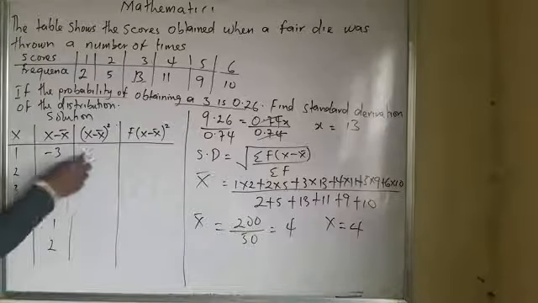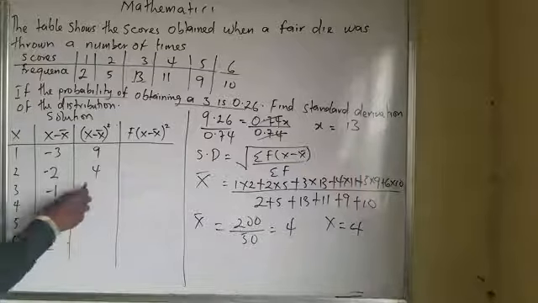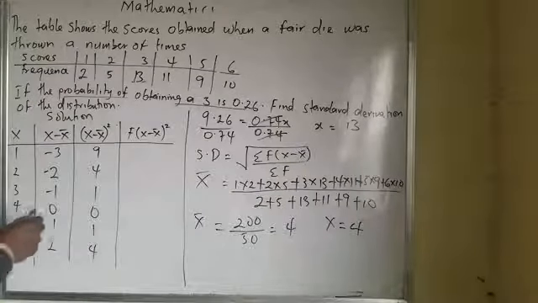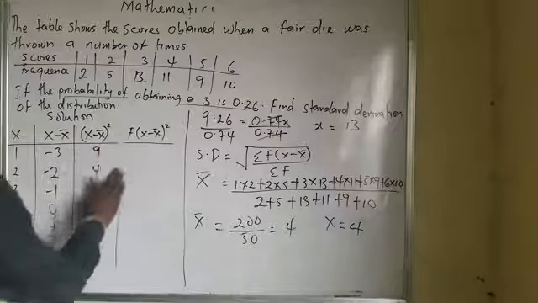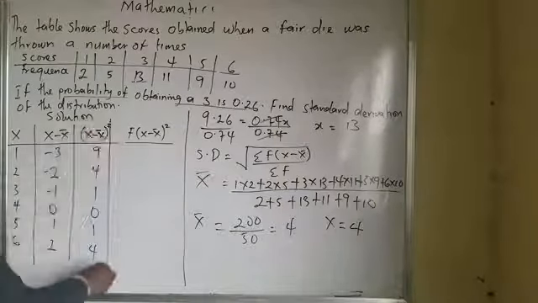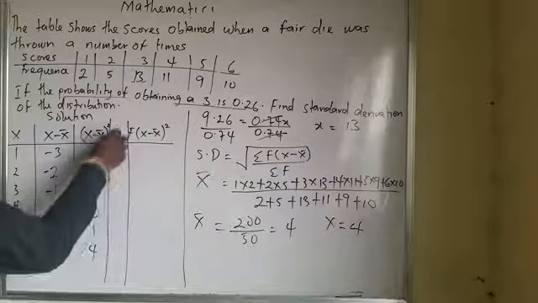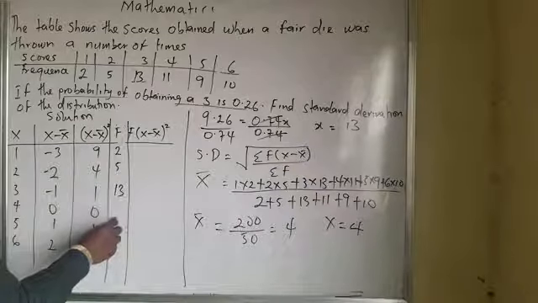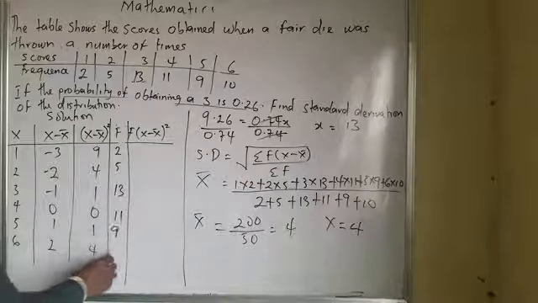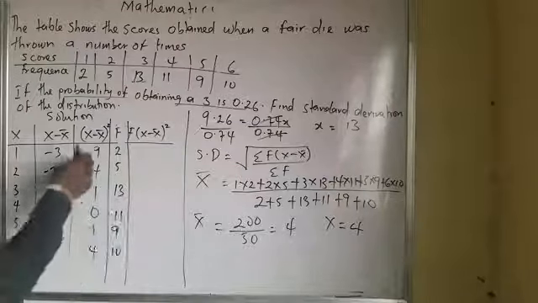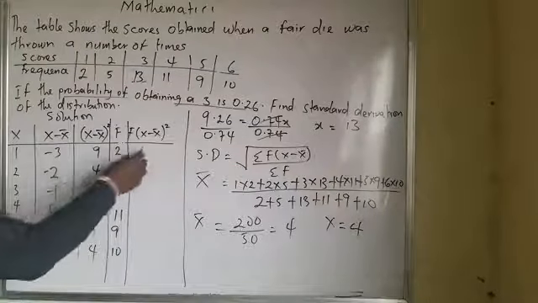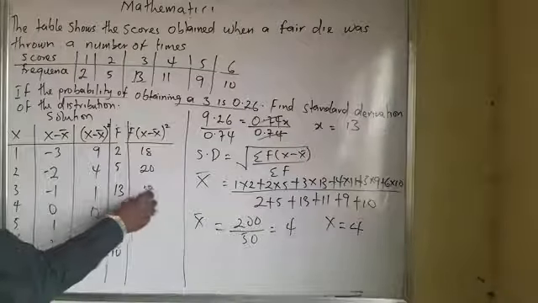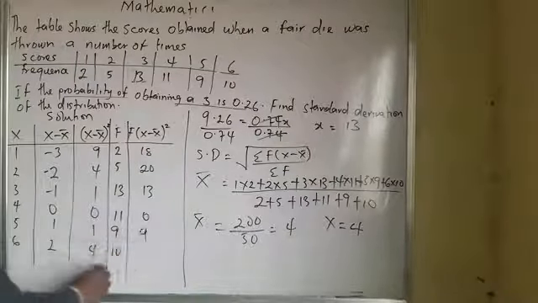The squares will be 9, 4, 1, 0, 1, 4. Now, my frequency, oh, I didn't even indicate my frequency. Sorry about that. Let me put my frequency somewhere here. My frequency will be 2, 5, 13, 11, 9, and 10. Now I will be having 18, 20, 13, 0, 9, and 40.